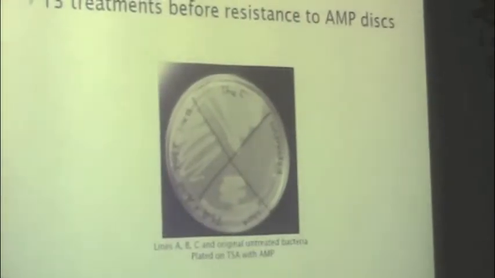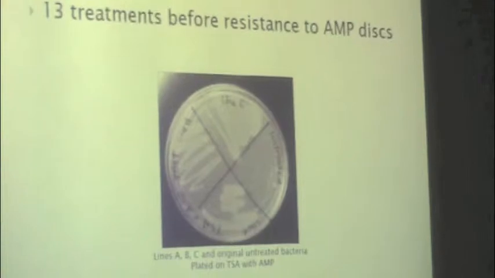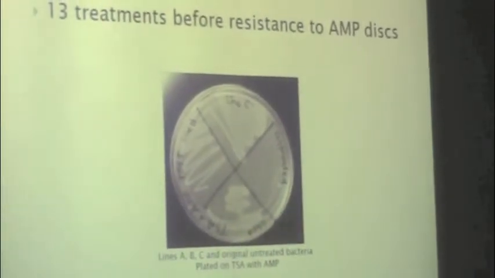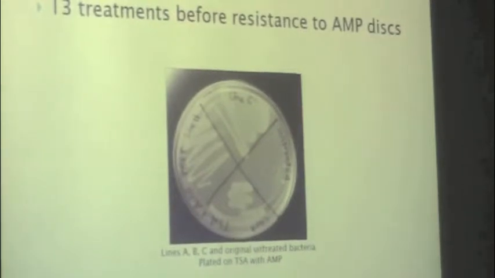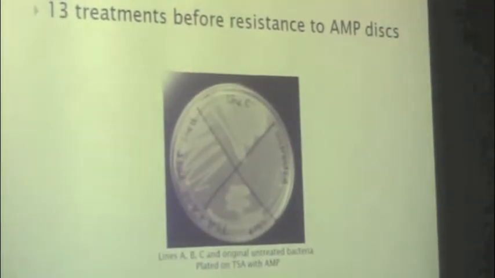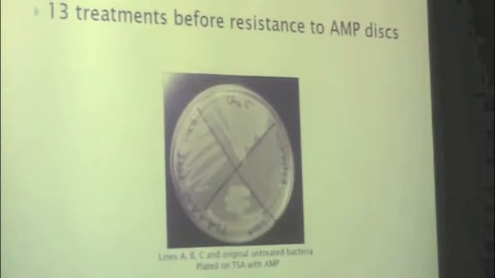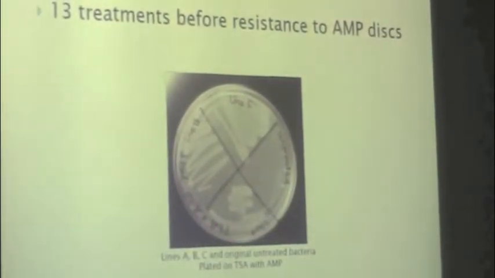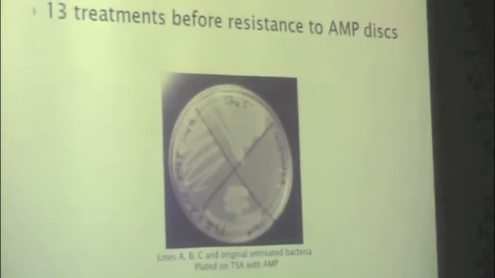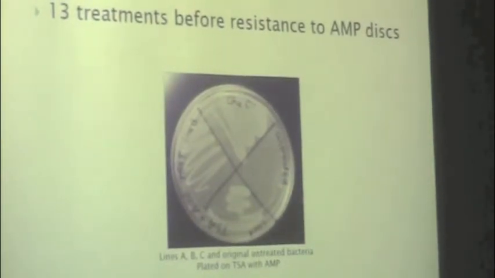Okay, this is also a good demonstration. Once I had developed resistance to the ampicillin plates, or the little tablets, the discs that you saw, to test that, I took all 3 of my lines of bacteria, A, B, and C, and I plated them on a media that was tryptic soy agar, and it had ampicillin already in the agar.